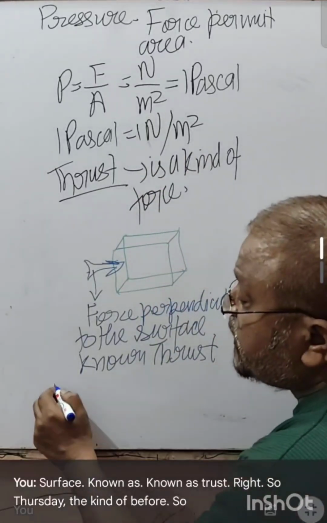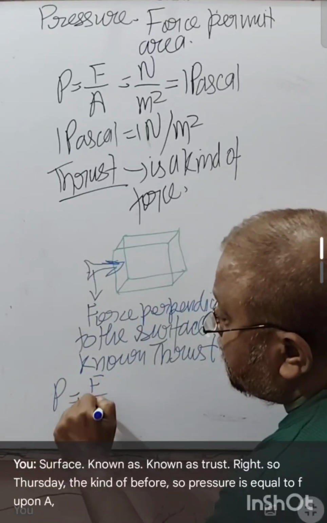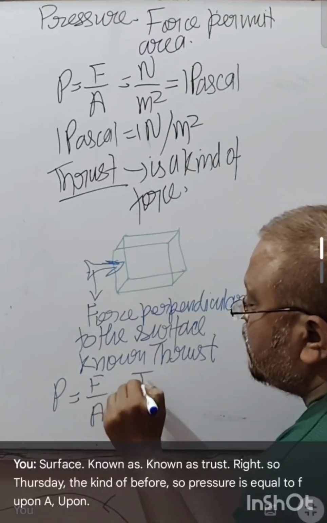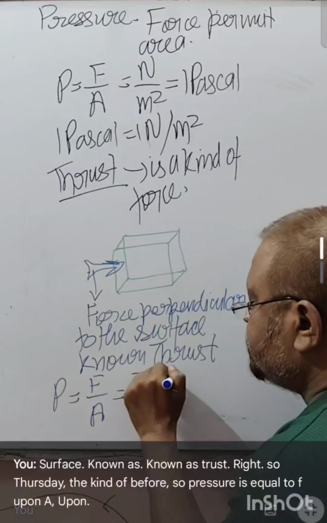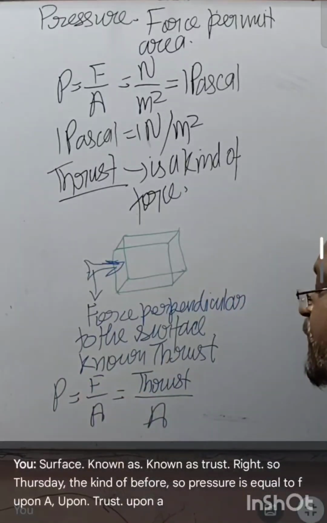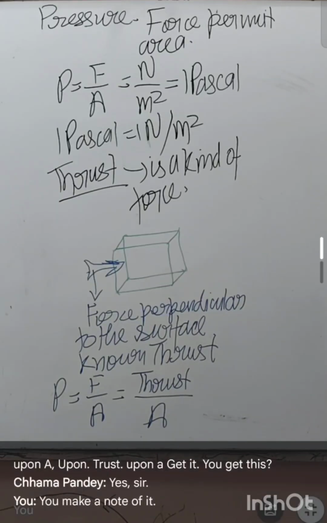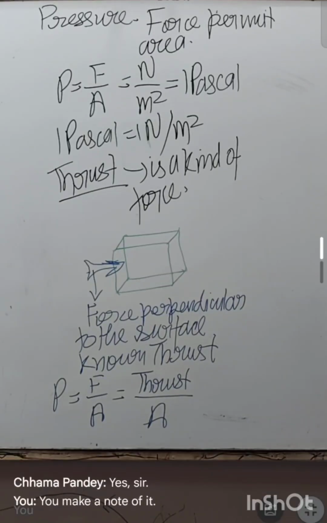So pressure is equal to F upon A, that is, thrust upon A. Get it? You make a note of it.